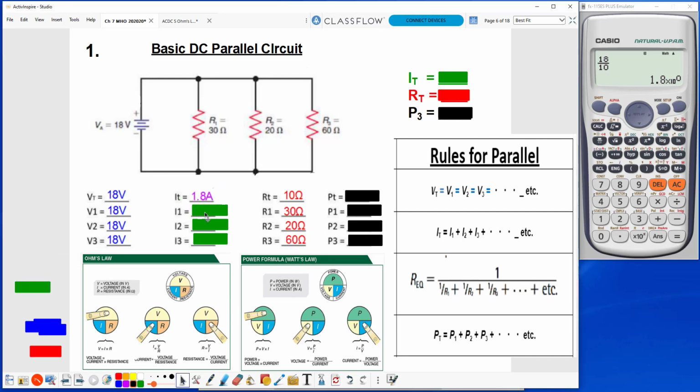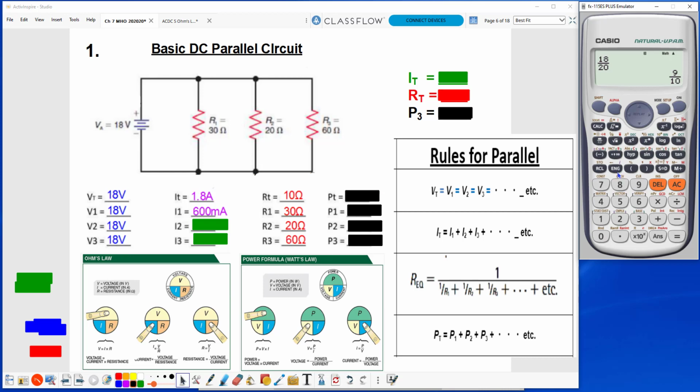Next, I'll find the value of I1. I have the 18 volts, I'll leave that in there. I'll change the bottom number to 30 ohms. Hit equals, hit engineering. This tells me that I1 is 600 milliamps. For I2, leave the 18 volts in there, change the bottom number to 20 for the 20 ohms of R2.